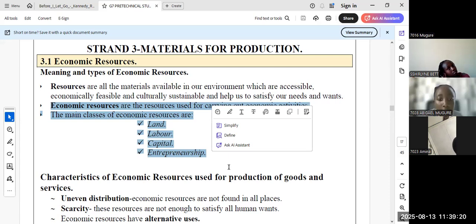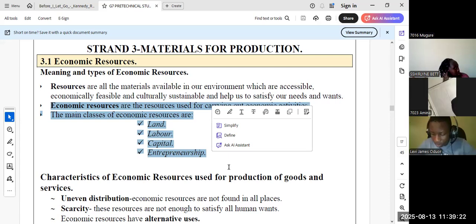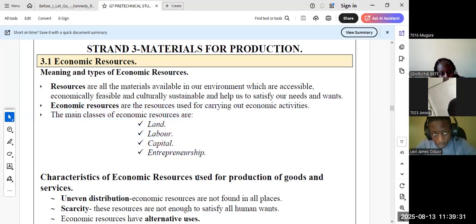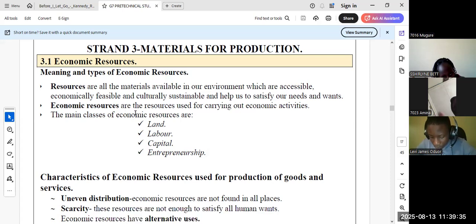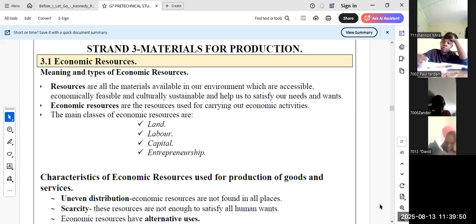Land, labor, capital, and entrepreneurship. Great. Now we are saying that economic resources are the resources used for carrying out economic activities.